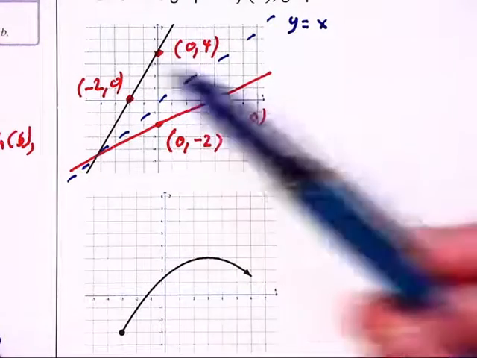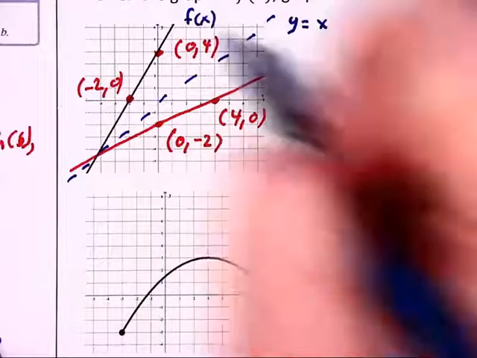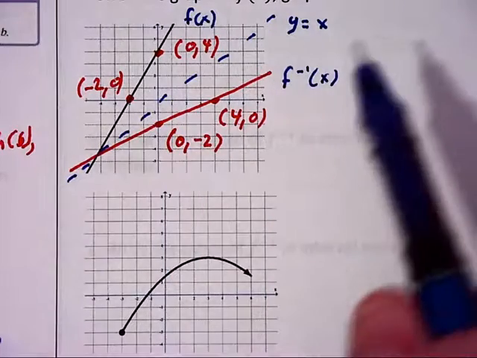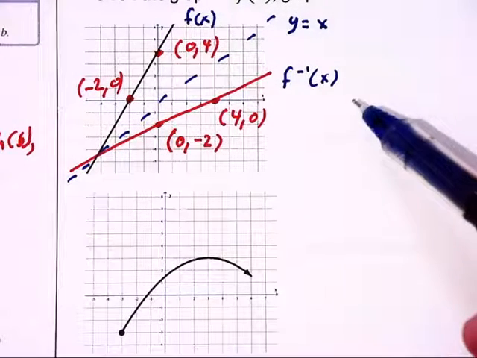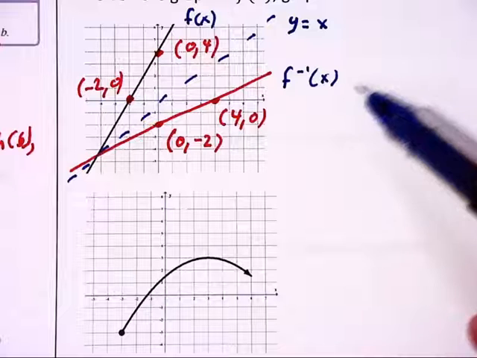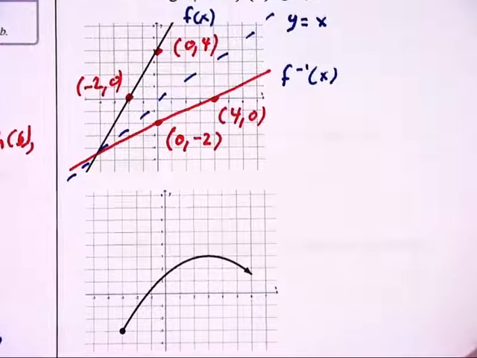Both f and its inverse are functions, and so we have f of x and f inverse of x. If, however, the inverse is not a function, we can't call it f inverse of x. In that case, we need to call it just a relation instead.